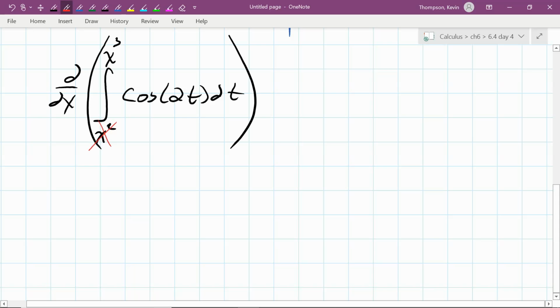Tell me what you would do then. And you're done? If this is a 1, are you done? Yeah, you are. Because you would have the antiderivative.